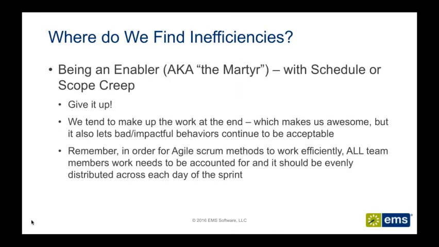So we also find inefficiencies with being an enabler, or what I call the martyr, with scheduler scope creep. You know, we tend to be, and I have been in this situation, as I'm sure many of you have as well, where it could be late on a Thursday or Friday or maybe Saturday or Sunday, and if we're in the office, we look around and we see that it's the testing team only that's spending that time.